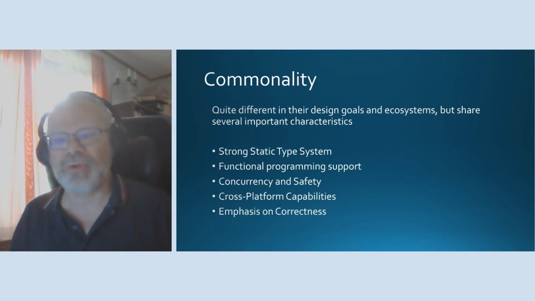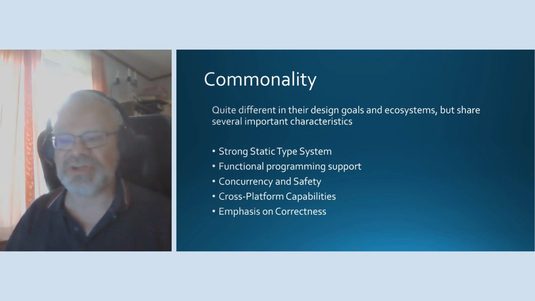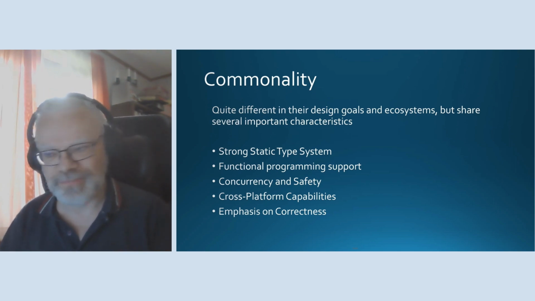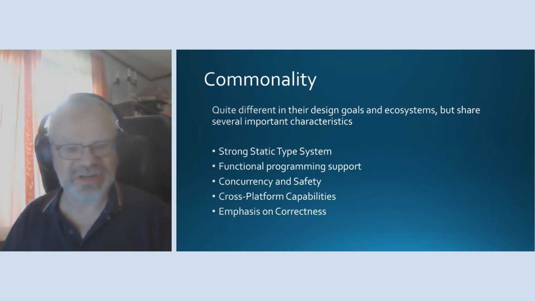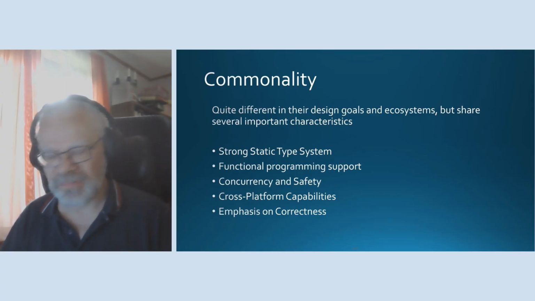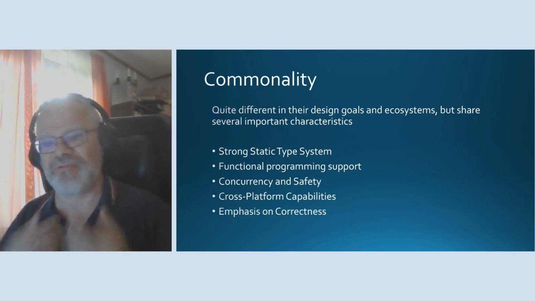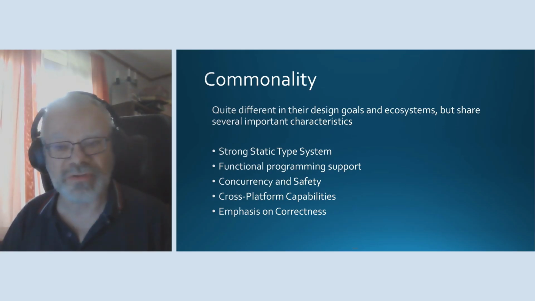commonality, there is common ground around these languages: they are both strong static type systems, and they both have functional programming support. They both have a very strong concurrency and safety model. They're cross-platform, and both emphasize correctness. That means that if it compiles, it works.